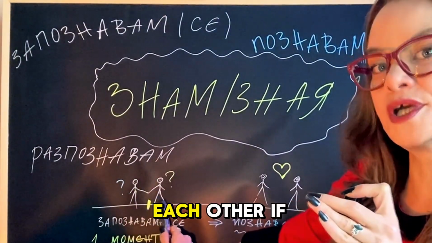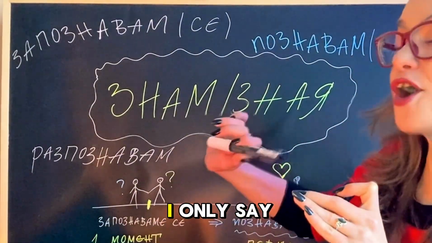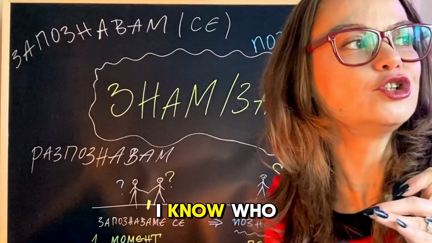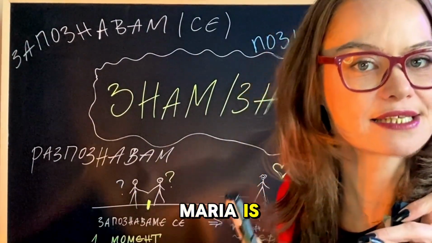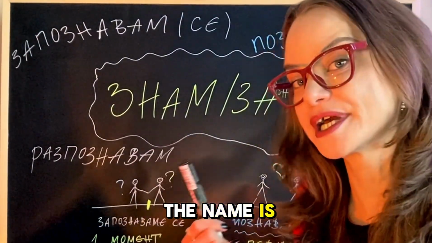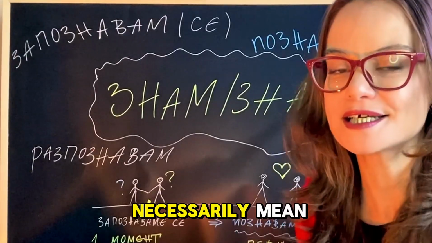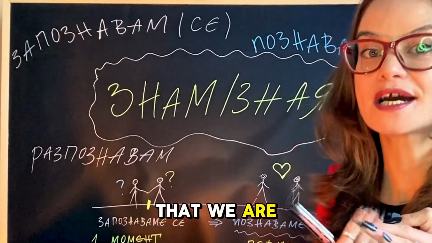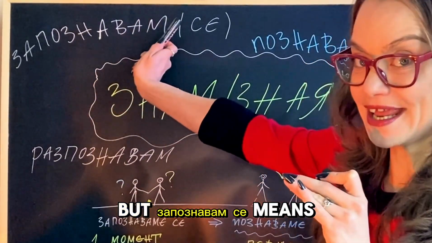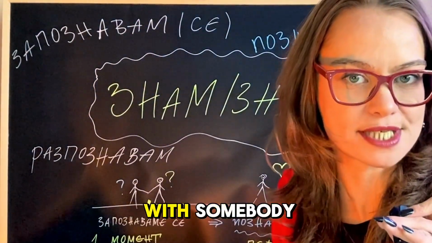Now we know each other. If I only say Аз знам Maria, I know who Maria is. I know who the person behind the name is, but it doesn't necessarily mean that we are acquaintances. But Запознавам се means to get acquainted with somebody.